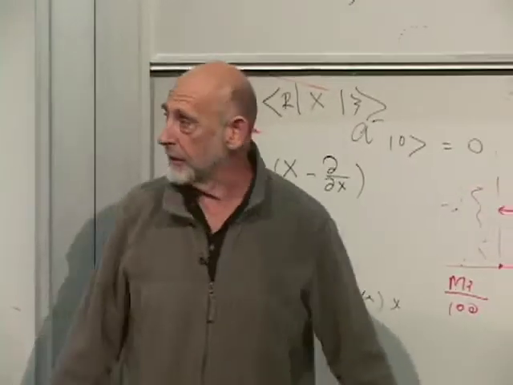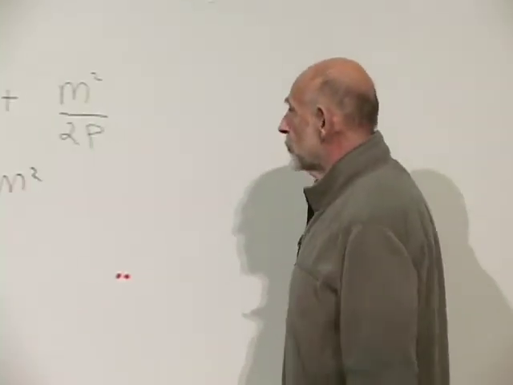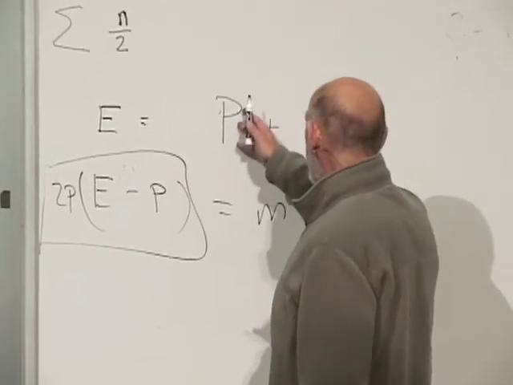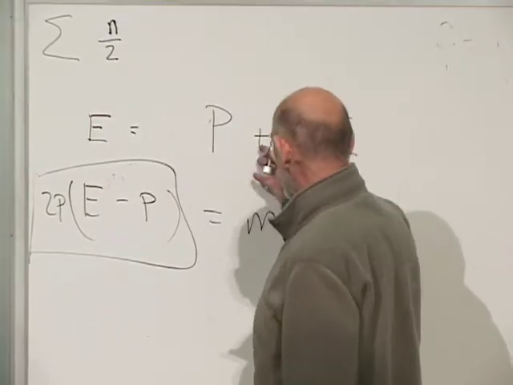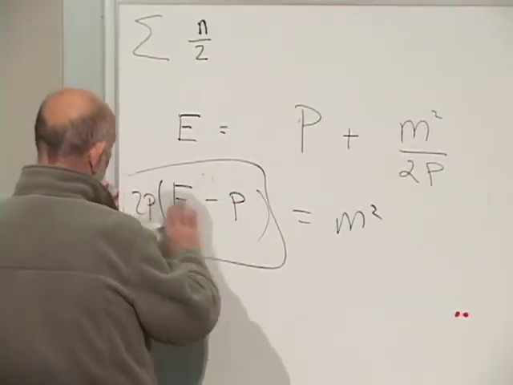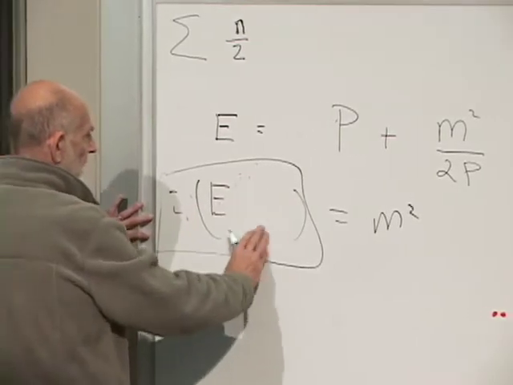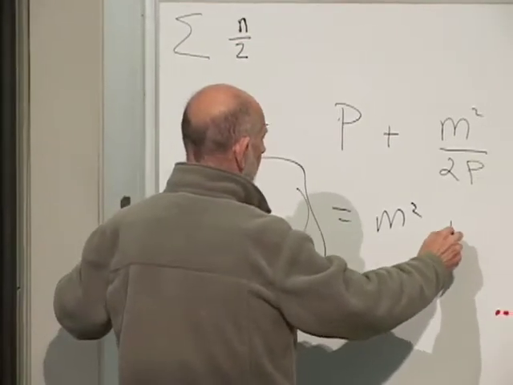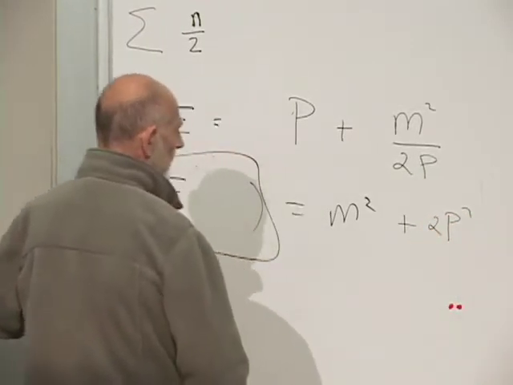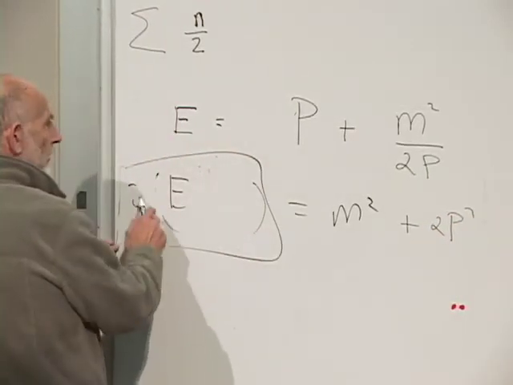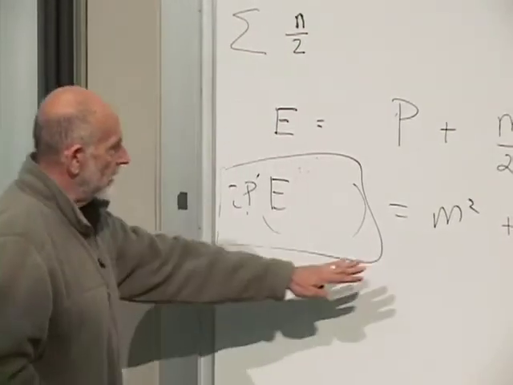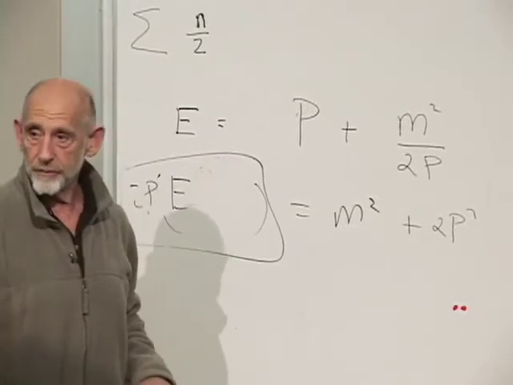Okay, the point is now that the actual energy of the ground state has an infinite piece. Let's put this piece back. Let's not subtract this. Let's add this back on this side. Let me just get this right. P times E is m squared plus 2p squared.